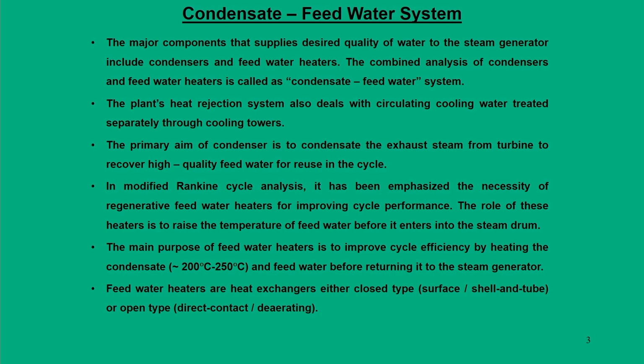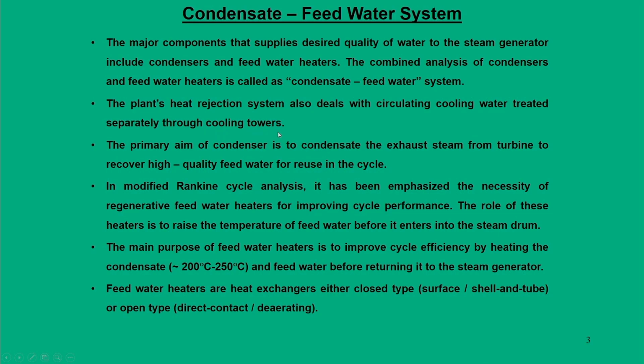So, let us see how this regenerative cycle concept helps us in deciding the role of the feed water heater systems. To give the brief concepts, the combined analysis of condenser and feed water heaters is called the condensate feed water system, and the plant heat rejection system also deals with circulating water, treated separately through cooling water and cooling towers.